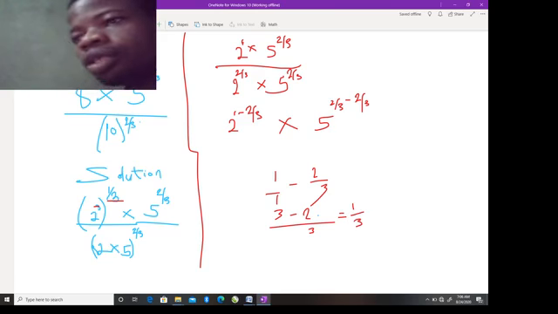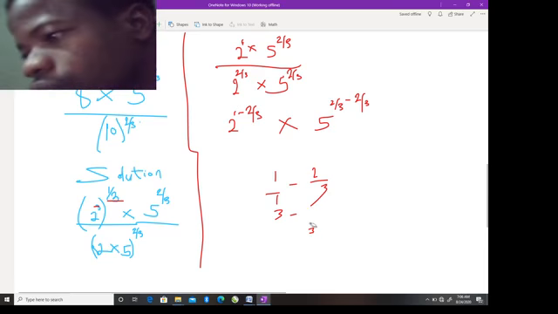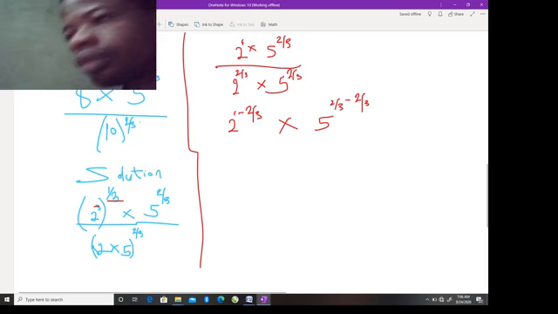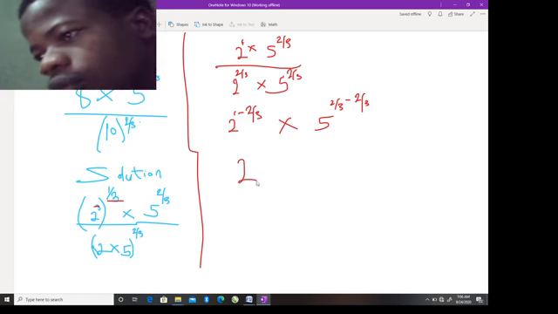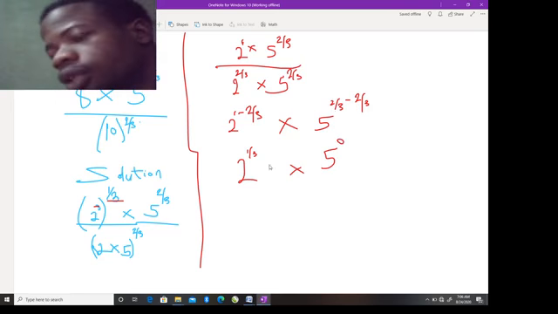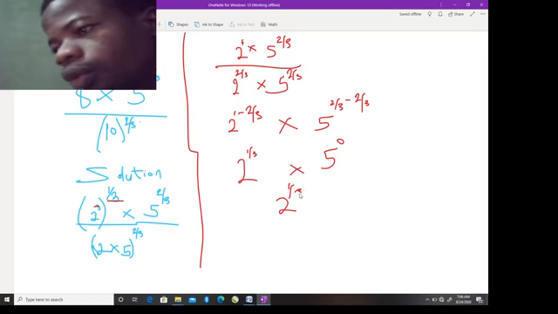So you are good to go. That will be 2 raised to the power 1 upon 3, then times 5 raised to the power this minus this. You have 0. The same thing. So 5 raised to the power 0 is 1. So the final answer becomes 2 raised to the power 1 over 3.